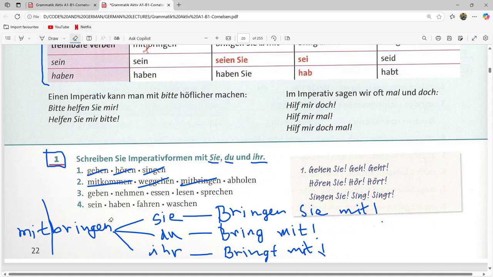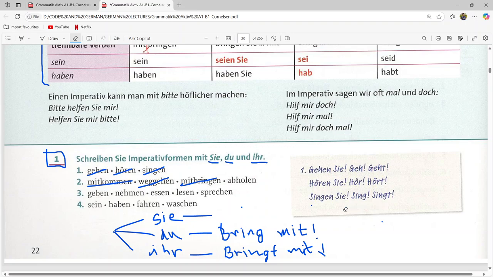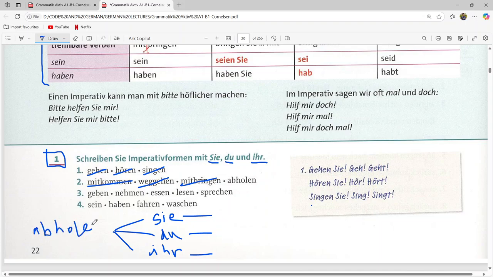Next verb is abholen. So let's do it. The verb is abholen. So a trennbares verb we break down: holen Sie ab.